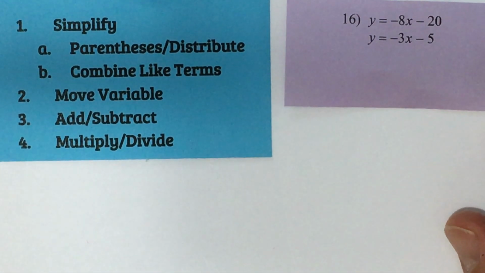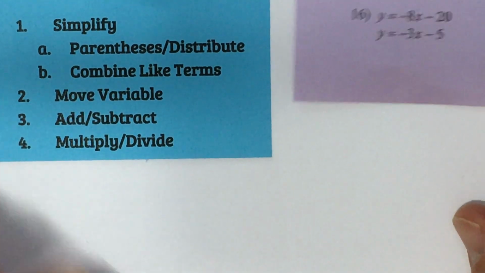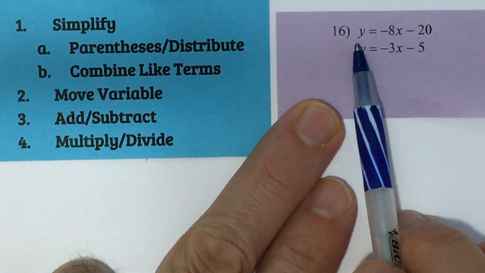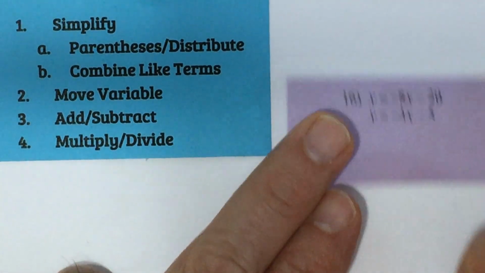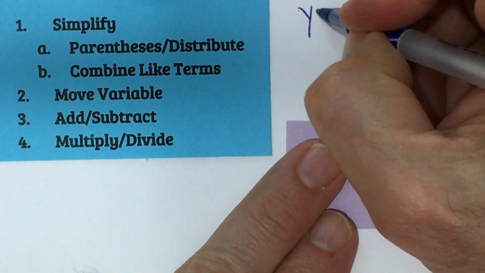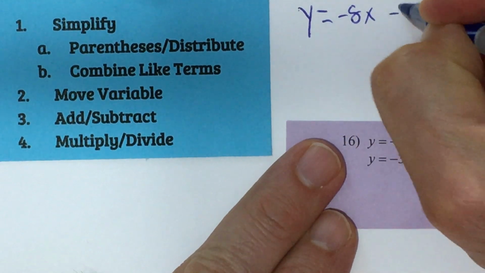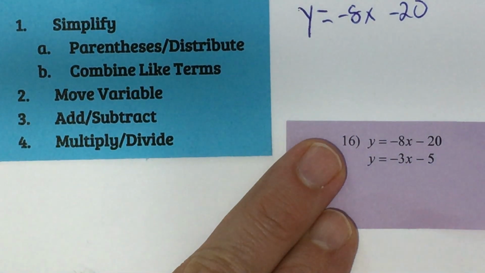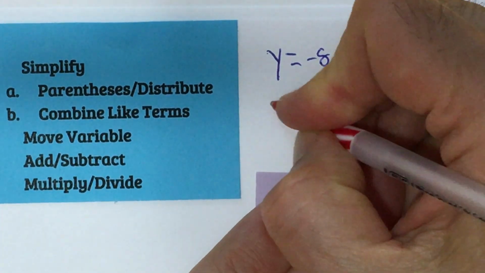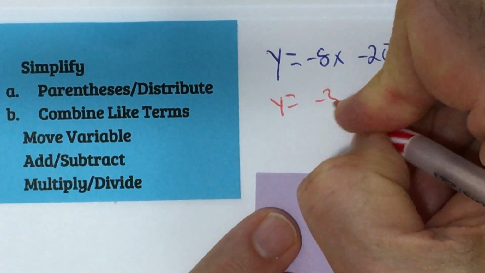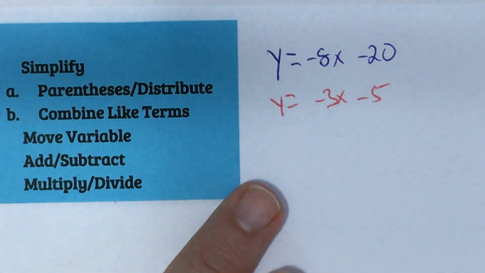Well, what I'm going to do is I realize that I have a y equals and a y equals. I'm going to write them up here. y equals negative 8x minus 20. And y equals negative 3x minus 5.